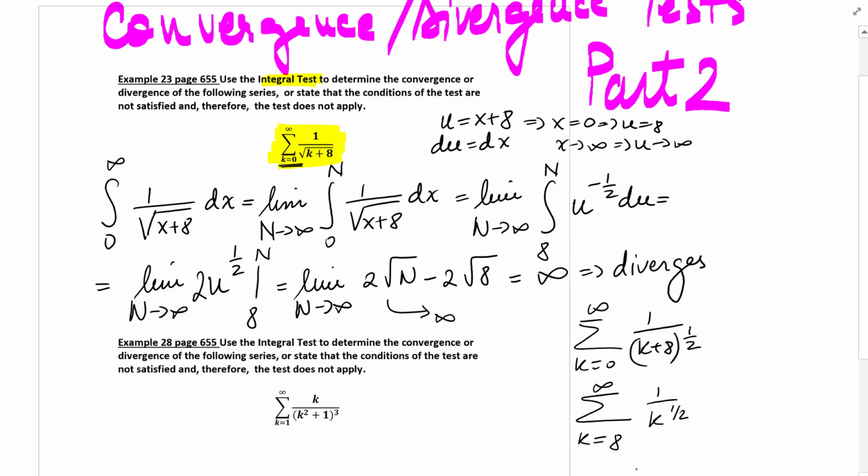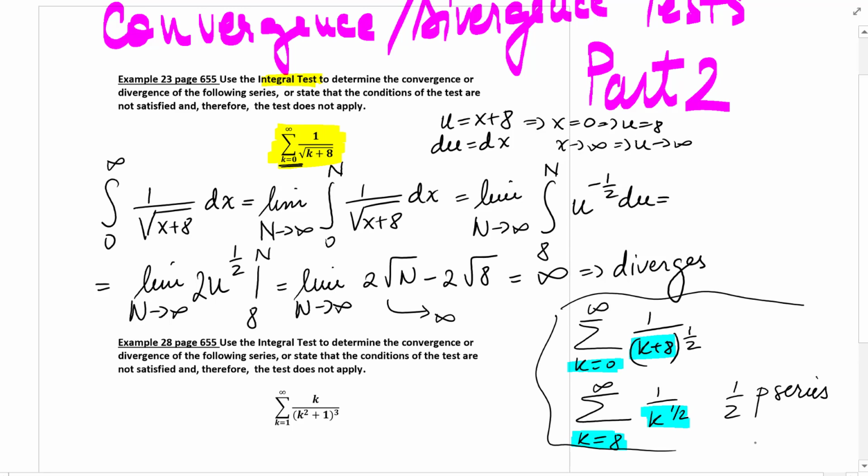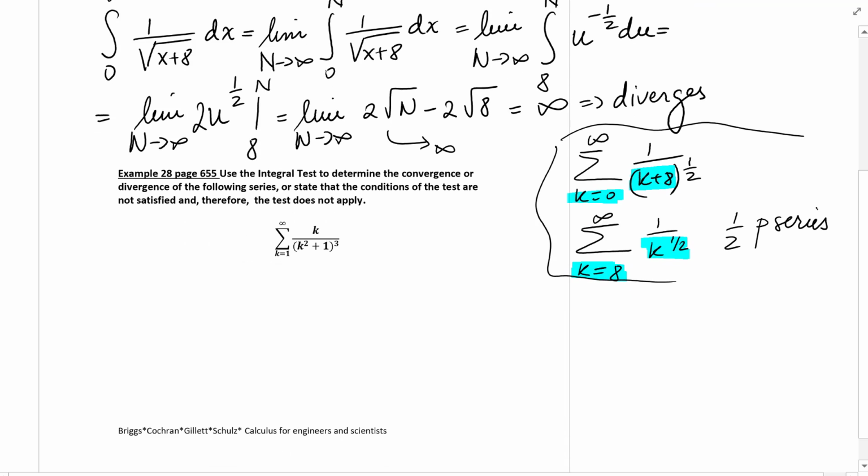It's the same thing. When k equals 0, I get 1 over 8 to the half, and when k equals 8 now, I get 1 over 8 to a half as before. So this is a p-series with p equal to a half, and we know that when p is less than 1, it diverges. Anyway, we had this second method.